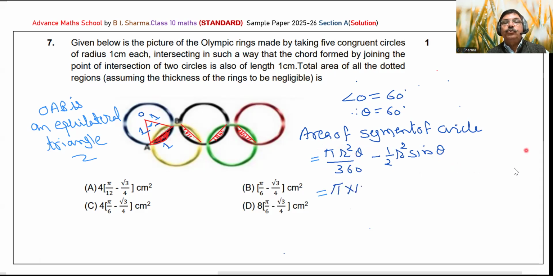So pi into 1 into 1 into 60 upon 360 minus 1 upon 2 into 1 into 1 into √3/2. Further simplify करिए, so that will be equal to pi by 6 minus √3/4.